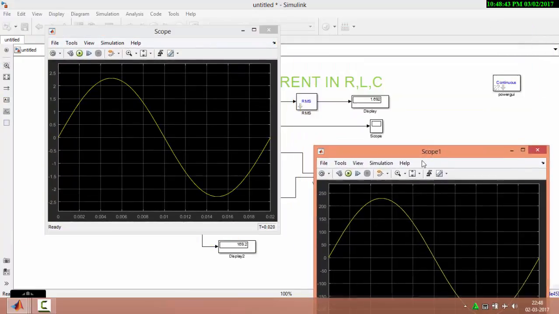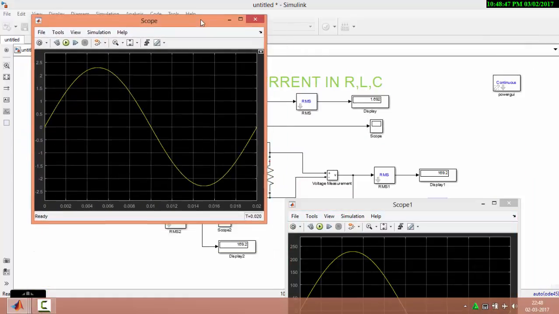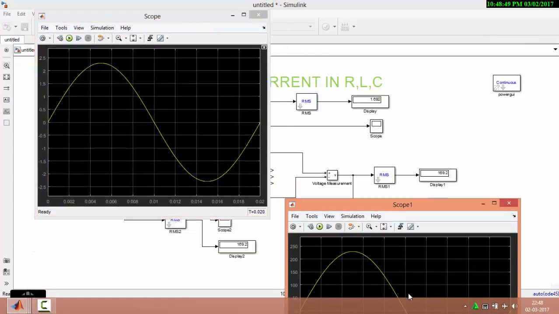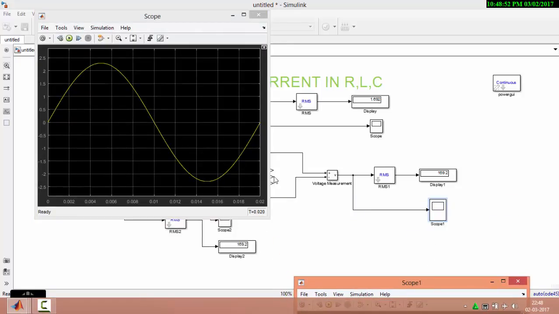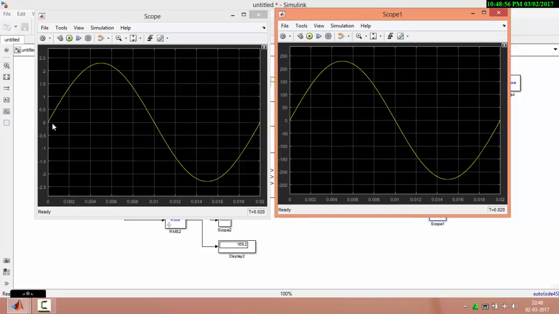Now you can see that you have two scopes, the scope across your current measurement and scope 1. Scope 1 is for your load measurement, and you can see that both are starting at time 0.